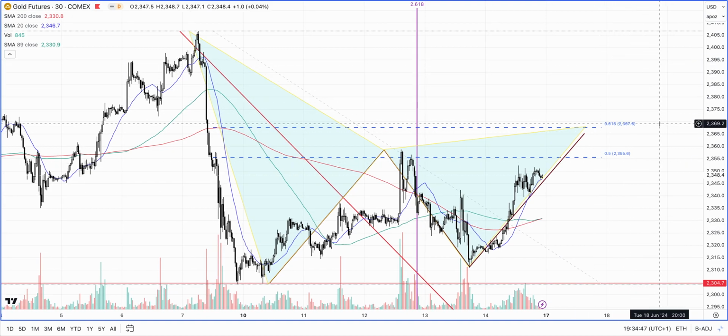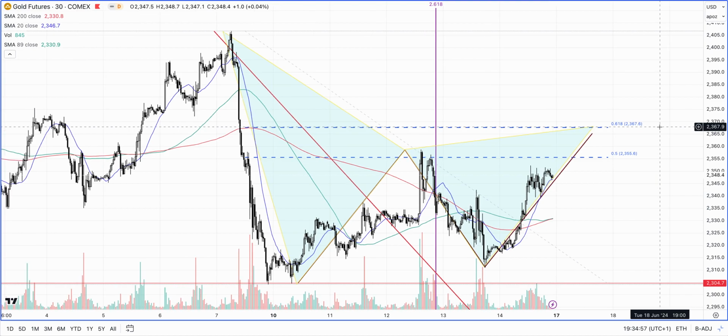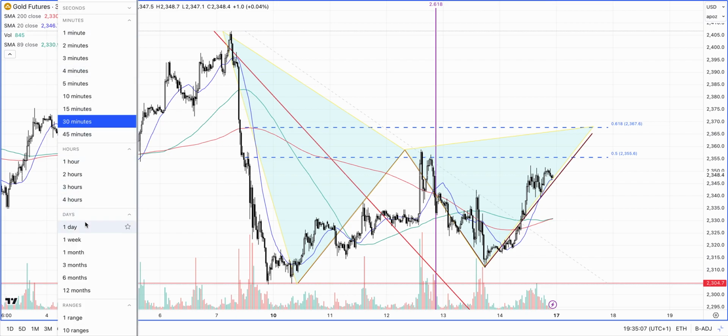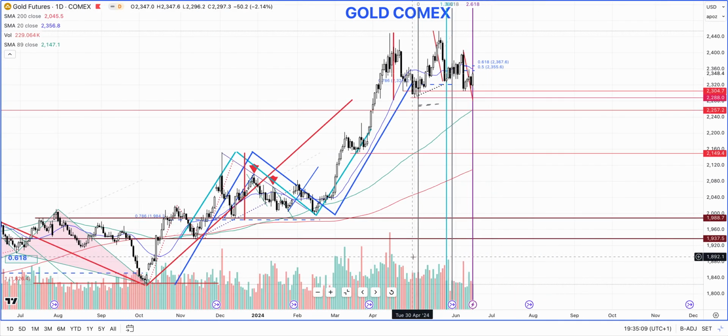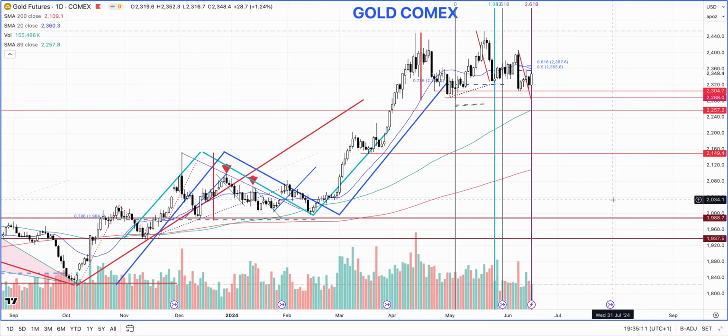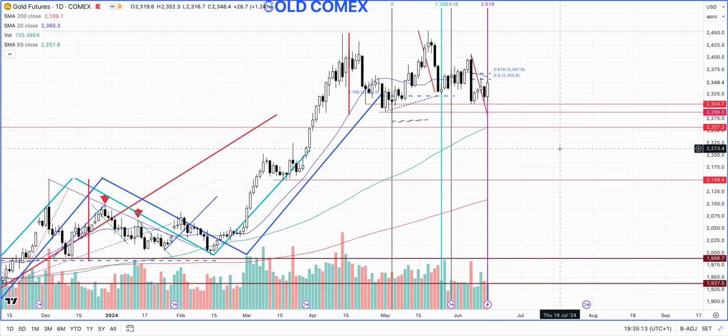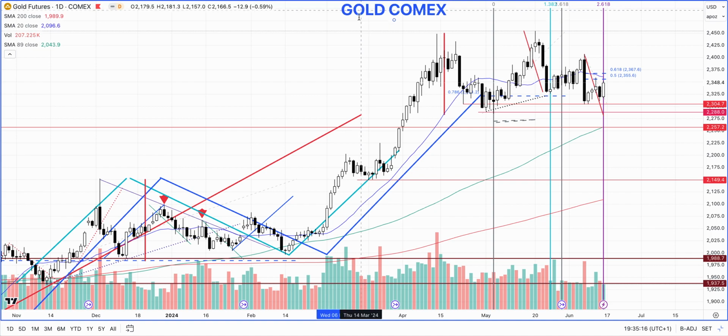Eventually we'll keep on watching the 61.8% retracement. Once the market begins to close above this, and I mean on a daily closing basis, then in my opinion that would be a good indication that we might have actually seen an important low on the 14th of June, last Friday in the gold market. So really interesting stuff happening. Gold last Friday moved higher and closed higher in the face of a pretty resilient dollar.